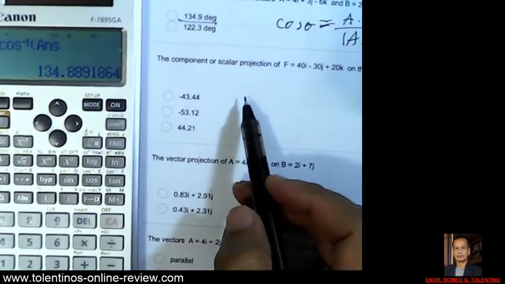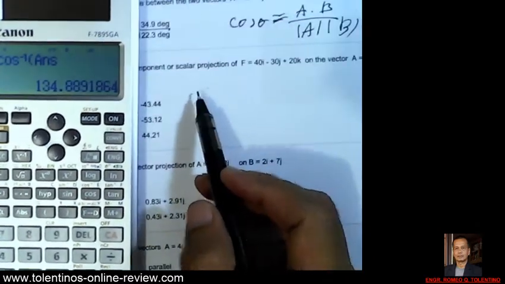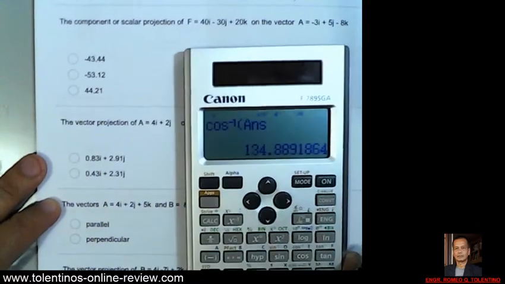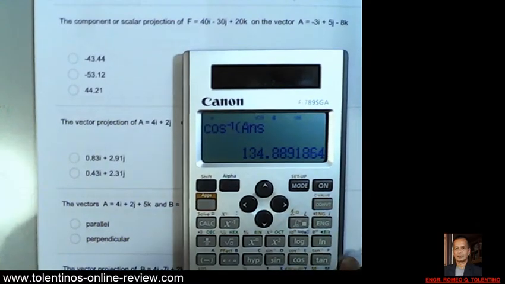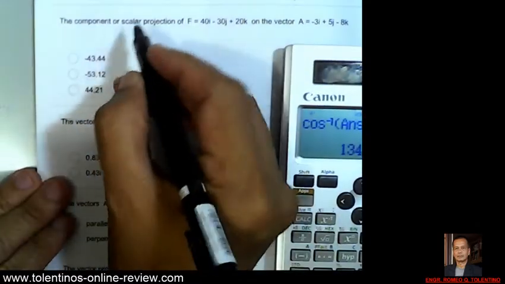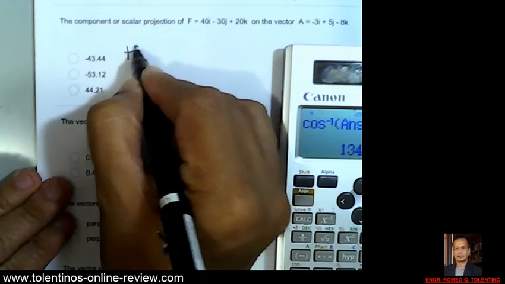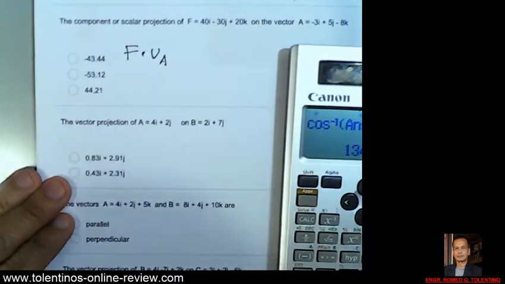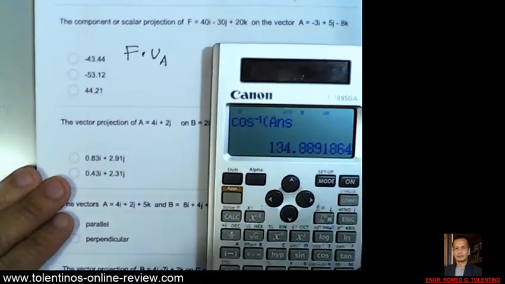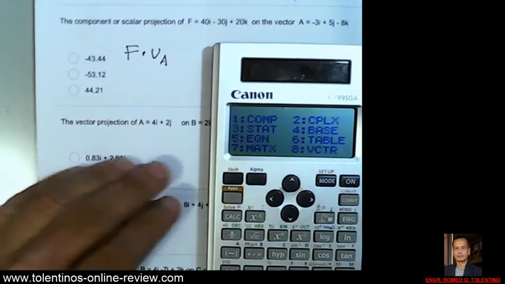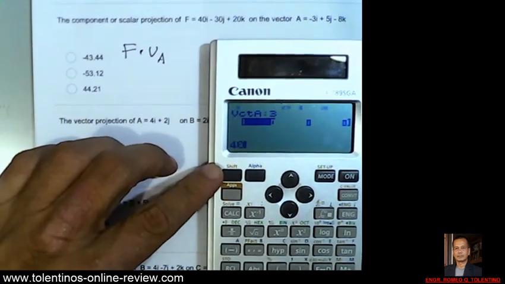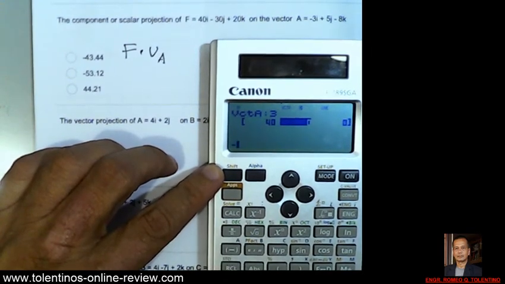Okay. The component or scalar projection. Ito naman. The component or scalar projection of F on vector A. Pag sinabing component or scalar projection, that is F dot unit vector A lang. So, ang gawin mo lang, okay, enter mode 8, input mo lang yung vector A as 40, negative 30, 20.